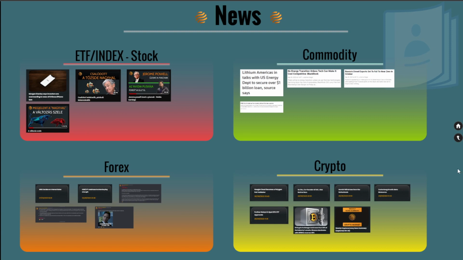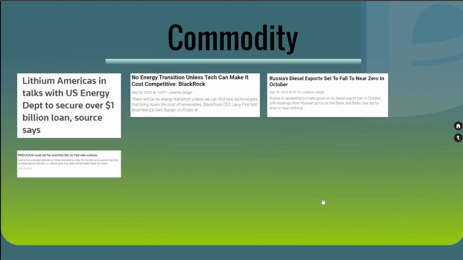The commodity market is mainly in the green, so it's a little bit positive. The energy market is very positive, especially after BlackRock announced that they don't think that the renewable energy sector could improve in the next couple of years because it's just simply too expensive, and I actually agree with that.